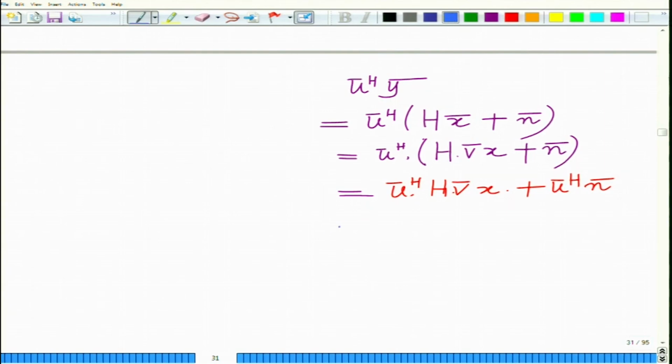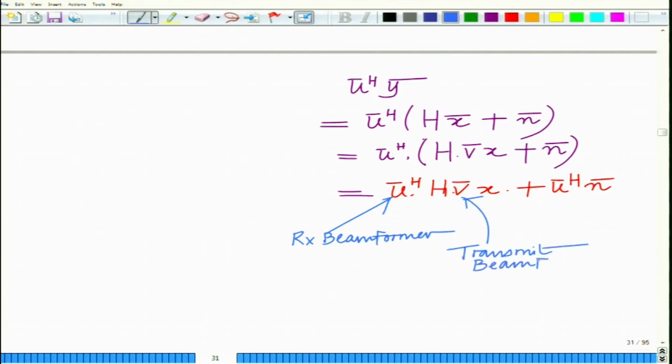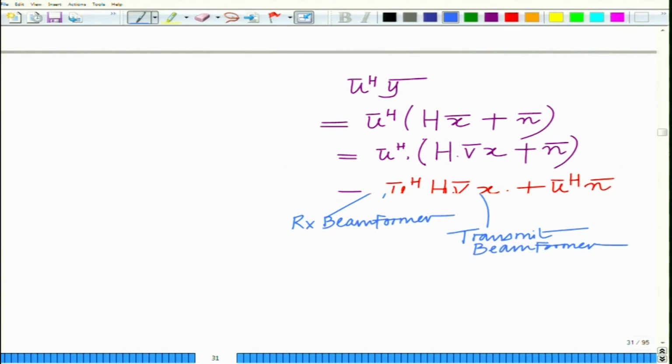This is my receive beamformer, and this is my transmit beamformer. The problem is challenging because you have to determine not one but two beamformers.